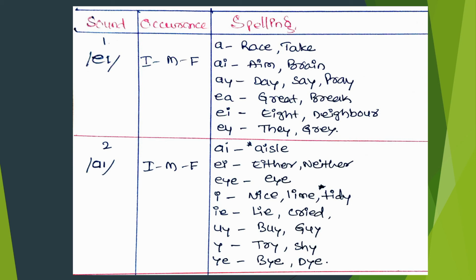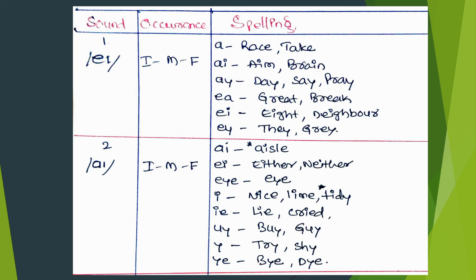Now come to the second diphthong, that is I. This also happens initially, medially and finally. There are some examples for initial. For example, ICE.